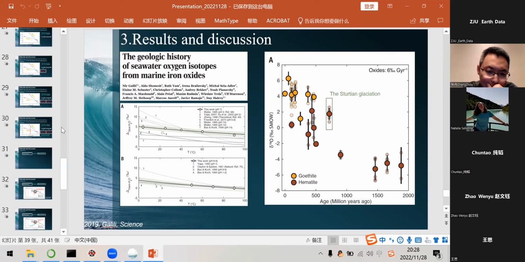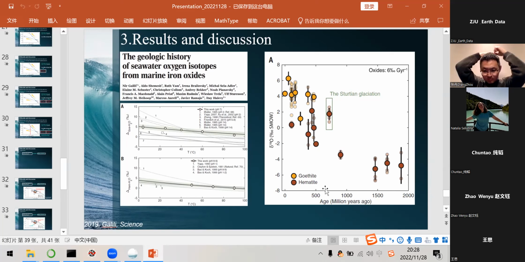And you can also see the right figure, where they compiled different iron oxide samples. You can see that the delta 18O of the iron oxide samples gradually increases with time.